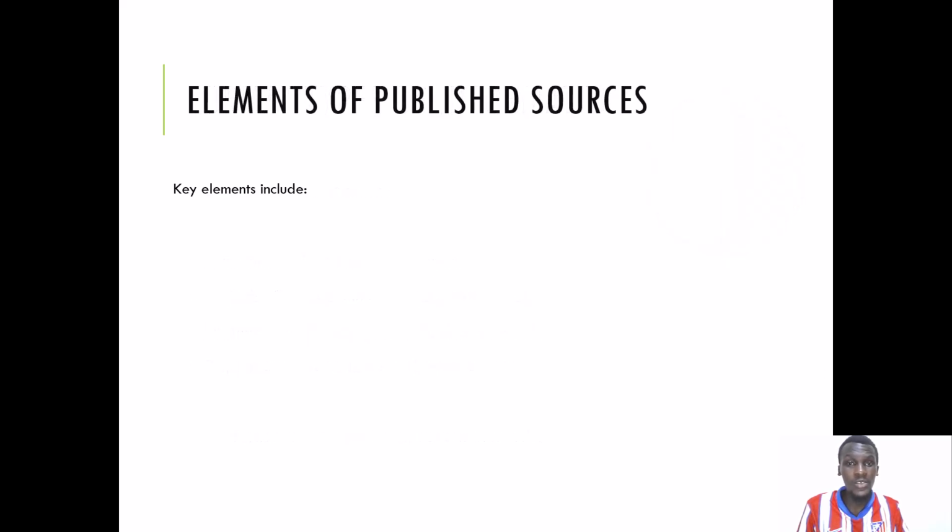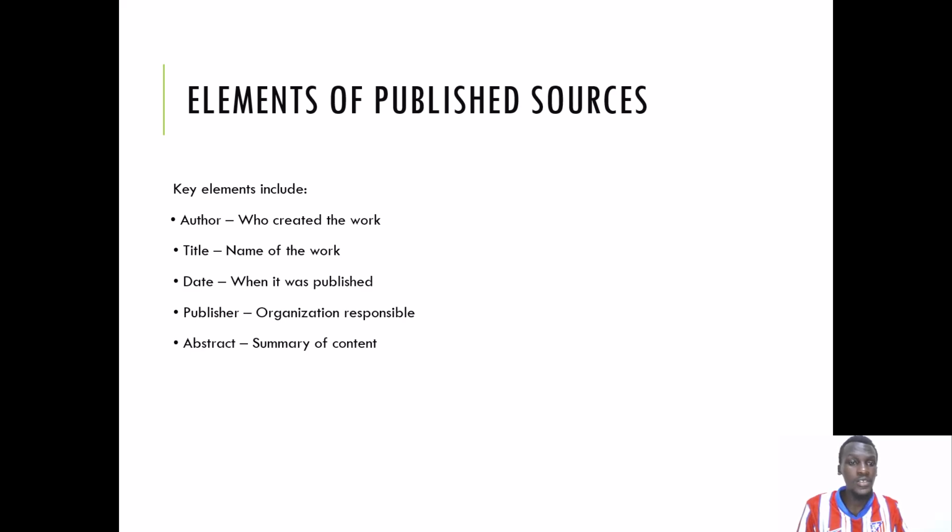Now, the elements of published sources. What are they? They are the author, the title, the date, the publisher, the abstract, and the references. The author is the one who created the work, of course. The title is the name of the work. The date is when it was published. The publisher is the organization responsible for publishing it into the world.